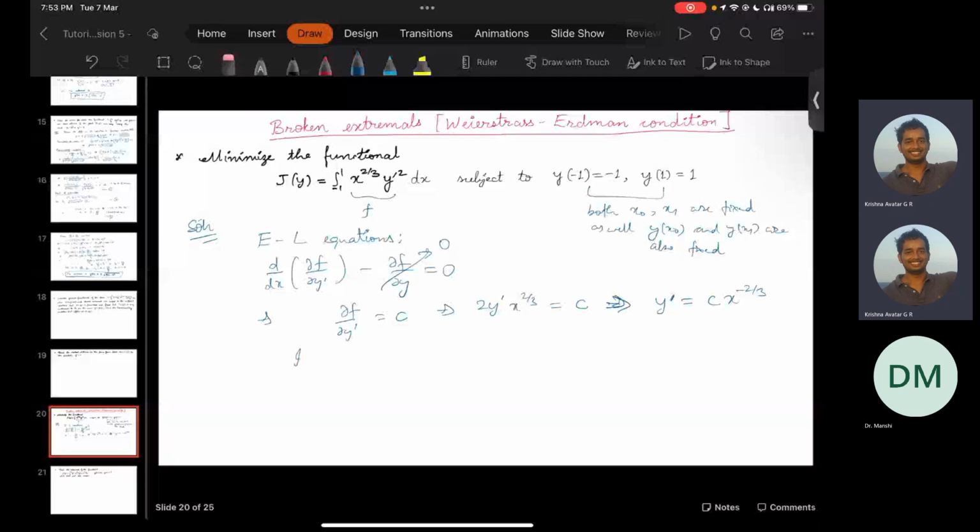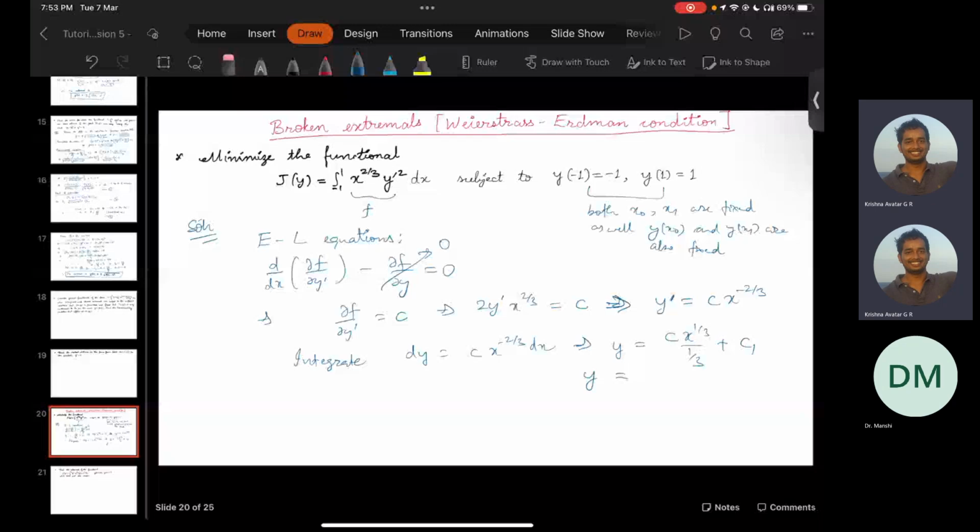Integrating gives us y is equal to c into x to the power 1 by 3 divided by 1 by 3, plus one more constant c1. So this becomes 3c, and I'll just call it c itself. So y is equal to c x to the power 1 by 3 plus c1. We need to determine the constants c and c1 using our end conditions.